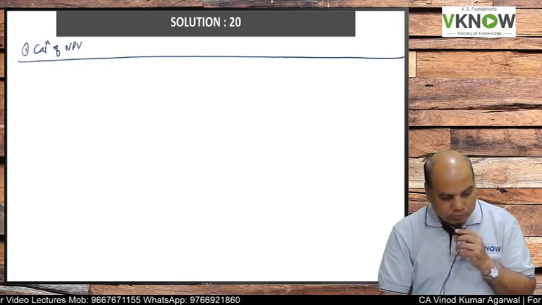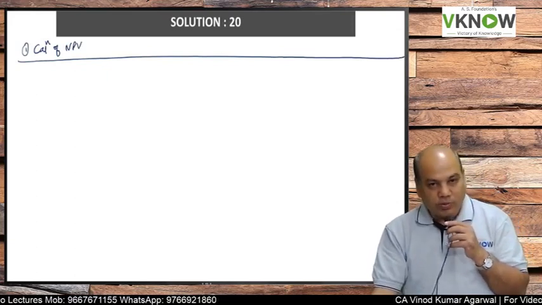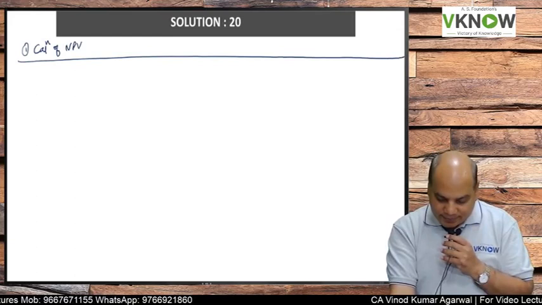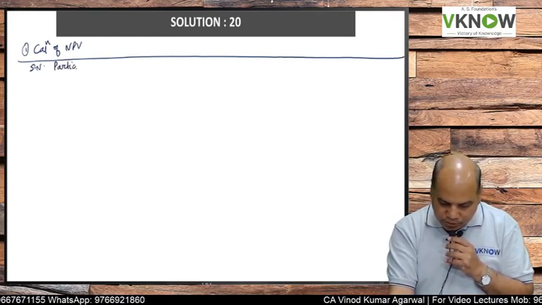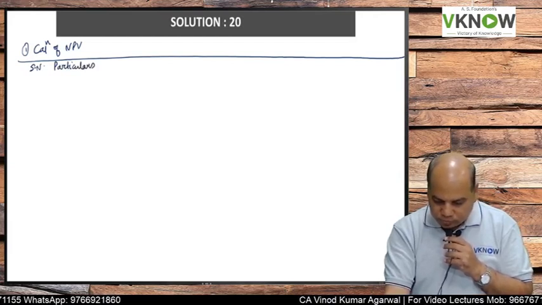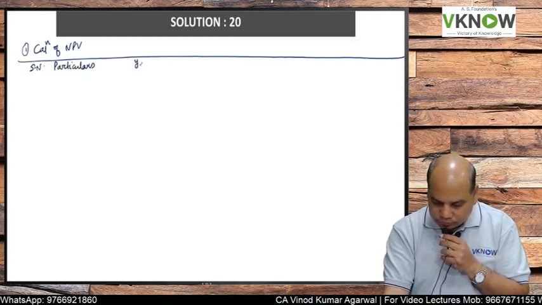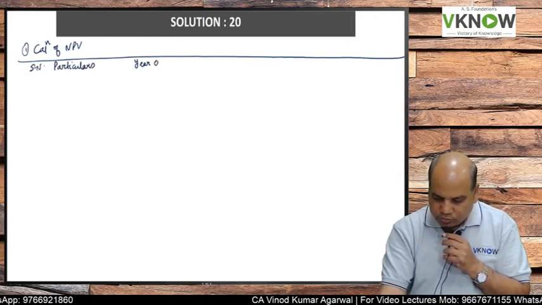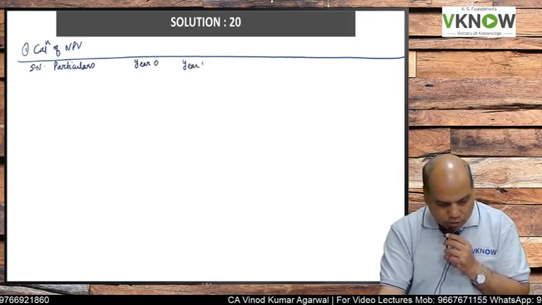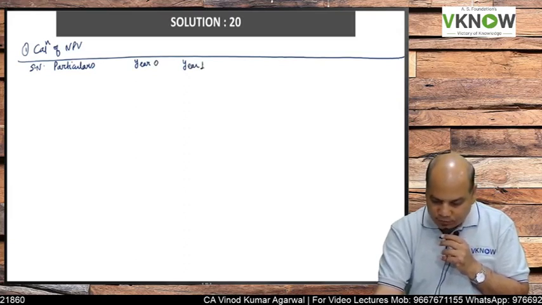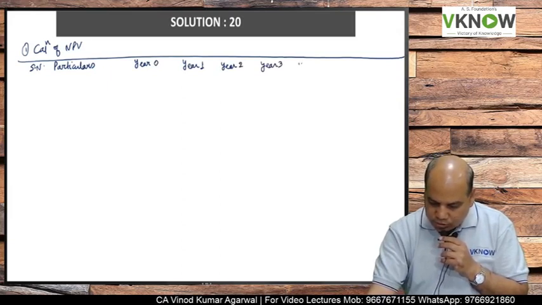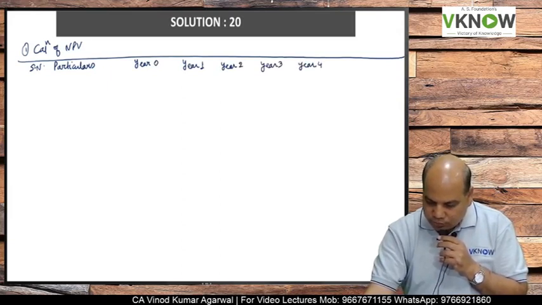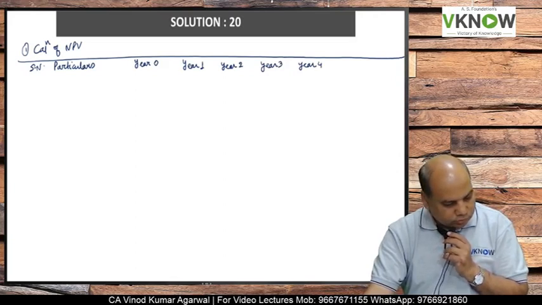Good question. May 2020 MTP 10 marks. So first write down serial number, particulars, then you write year 0. How many years are there? 5. Year 1, year 2, year 3, year 4, year 5.